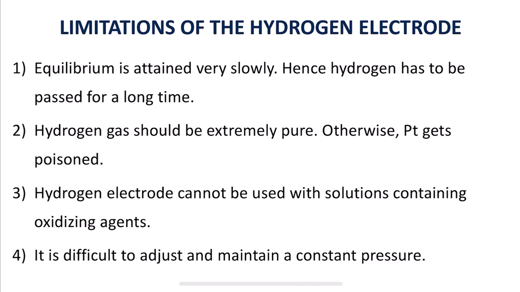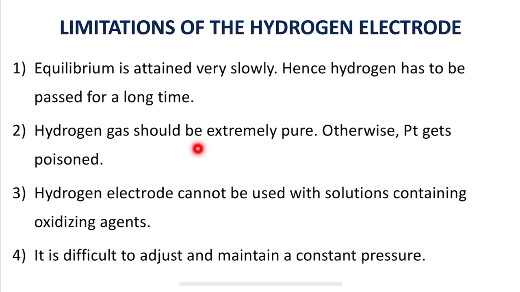Next, what are the limitations or disadvantages of the hydrogen electrode? The construction and working of the electrode is difficult due to the following reasons. Equilibrium is attained very slowly. Hence, hydrogen gas has to be passed for a longer time.